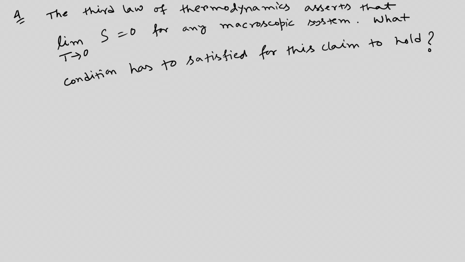Okay. So we know the partition function Q is the sum over i of omega i e to the minus beta E i, where omega i is the degeneracy of the ith level.